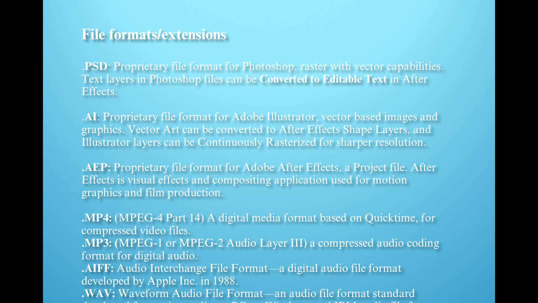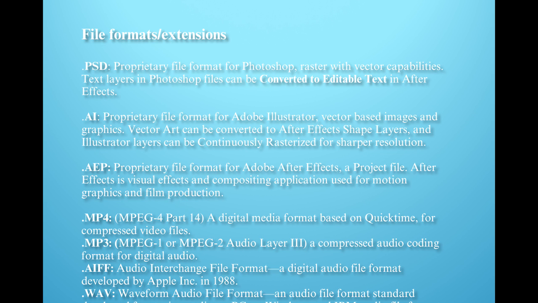Now, some of the file formats and extensions that we've used. The PSD file is really important because that's what we're using to import into After Effects. This is the Photoshop file format that allows you to have layers, and you can have actual text layers, which when you import into After Effects can be converted to editable text.